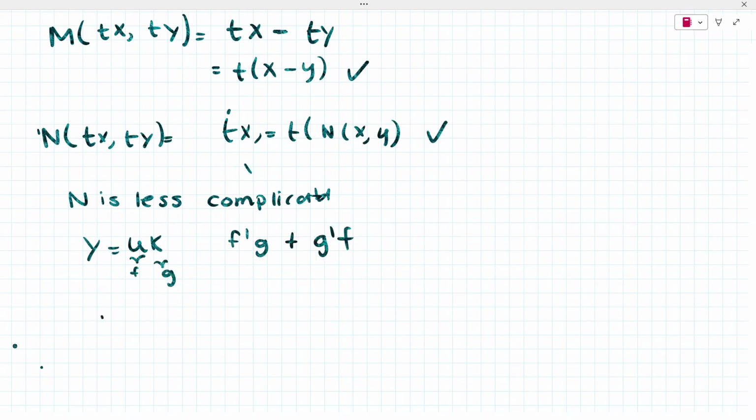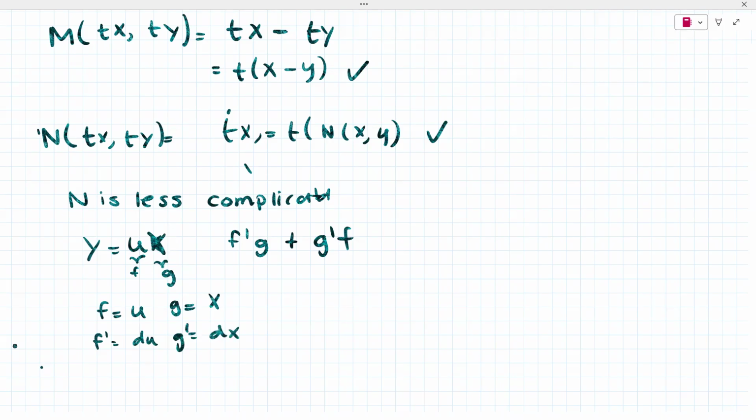Okay, so my F is U, my F prime is du, and then my G is, this should be an X, not a K. So my G is X, and then my G prime is dx.